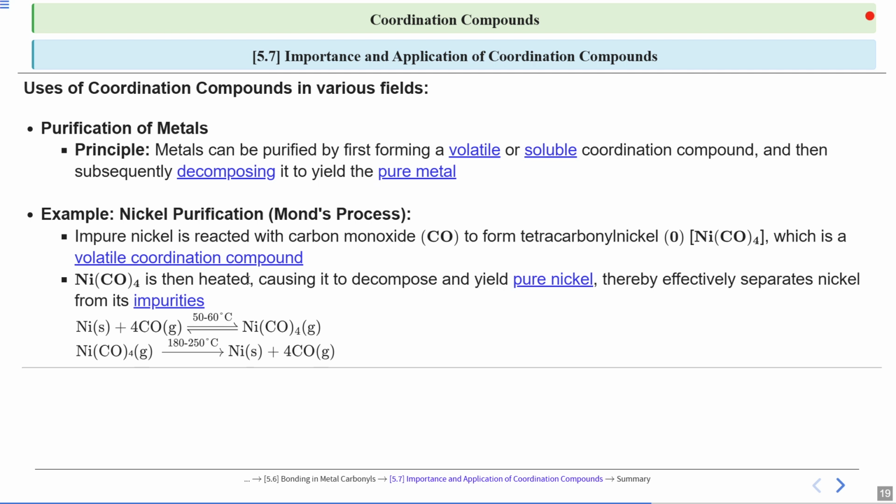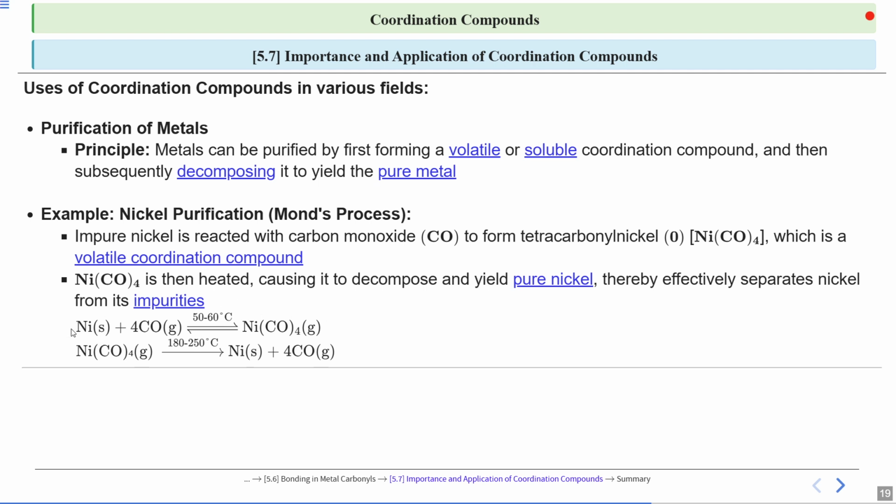So when this complex is heated, it is decomposed and yields the pure nickel, thereby effectively separating the nickel from its impurities. From the impure nickel, we get the pure nickel by first forming this complex by reacting with carbon monoxide and then heating it, after removing its impurities.